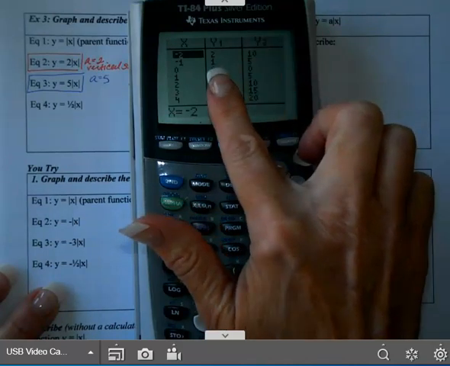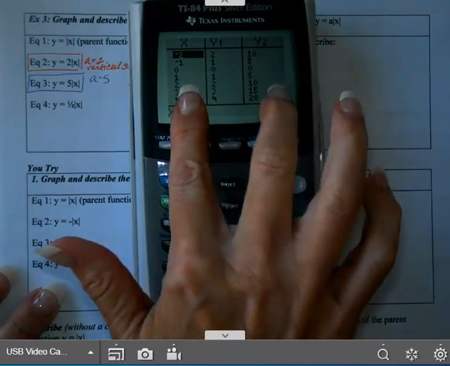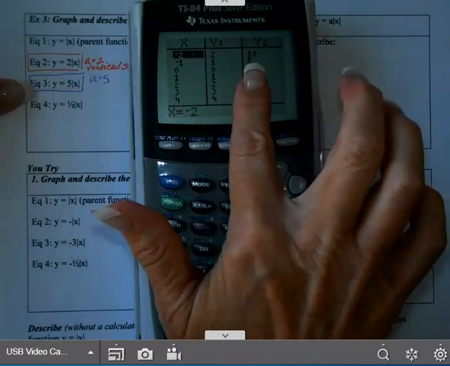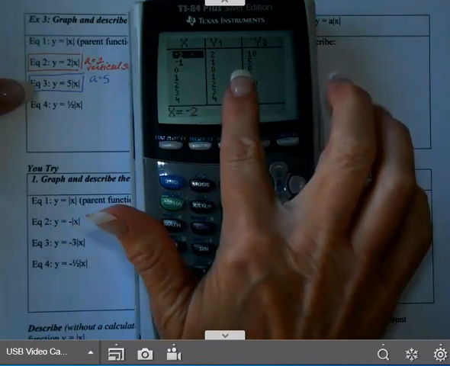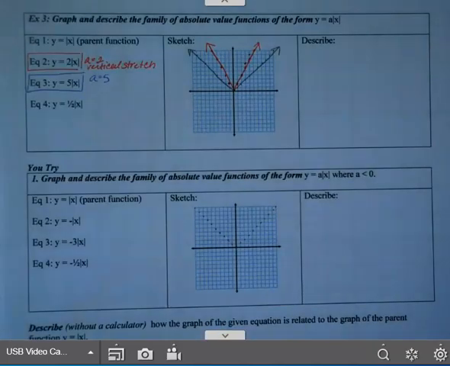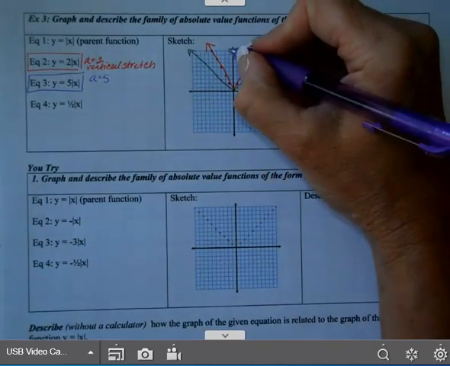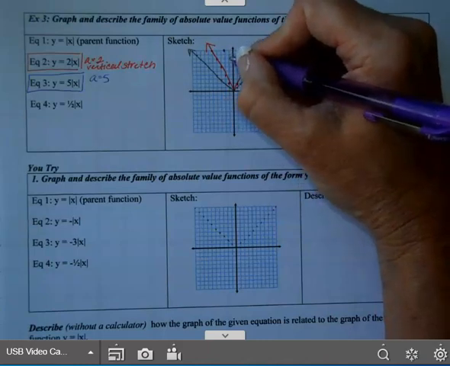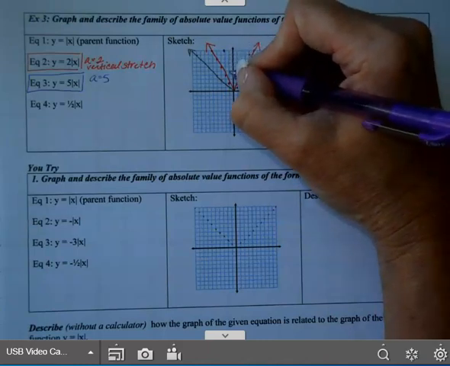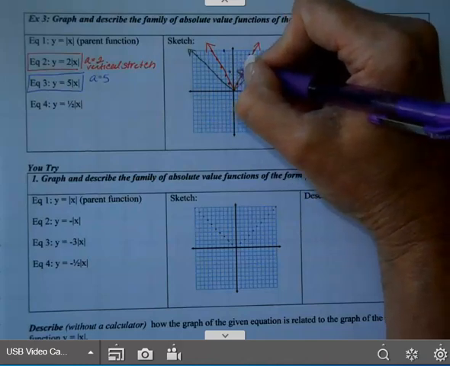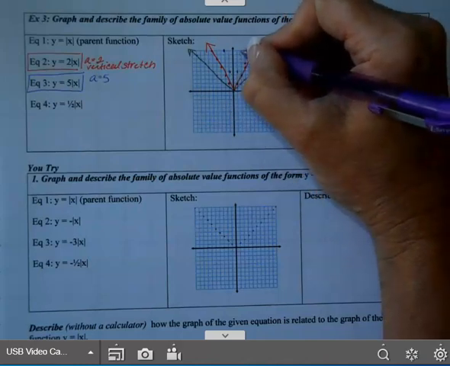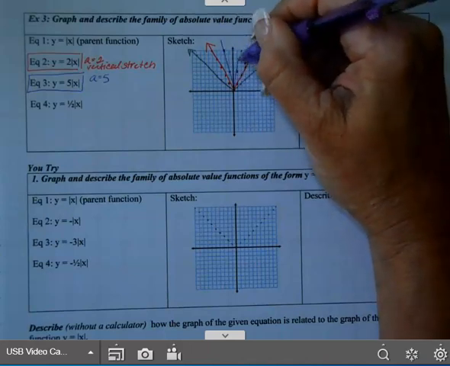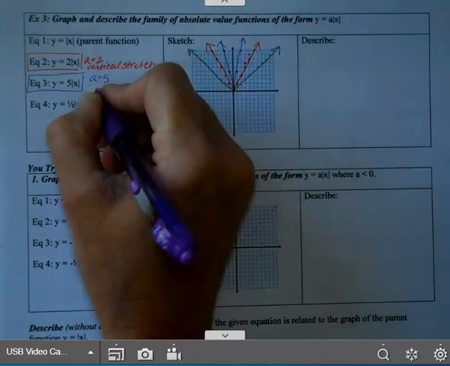My first one is the parent function. So this is my x's, and this is my y for the equation I just did. Notice that at -2, I'm at 10. -1, I'm at 5. 0, I'm at 0. So there aren't a whole lot of points to graph on this. -2, you're up at 10. -1, you're at 5. 0, 0, 1, 5, and 2, 10. This graph is pretty skinny. It's a vertical stretch again.